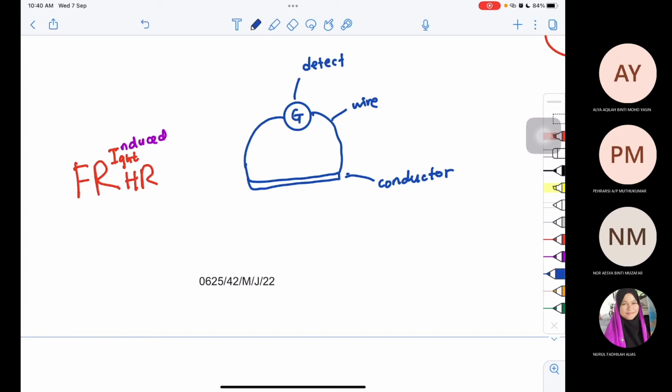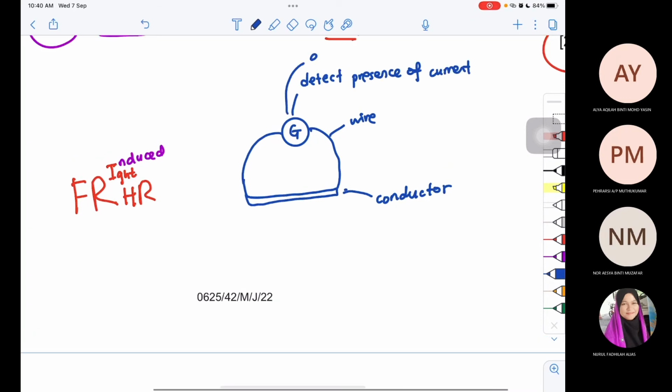It is an instrument to detect the presence of current. And usually we use a galvanometer because the current produced is very, very small current. Usually we use an ammeter if the current is big: 1 ampere, 2 amperes, 3 amperes. But if the current is very, very small, we just use galvanometers.